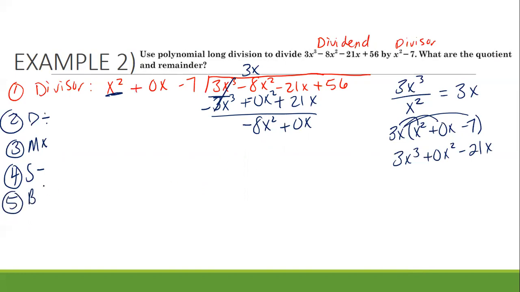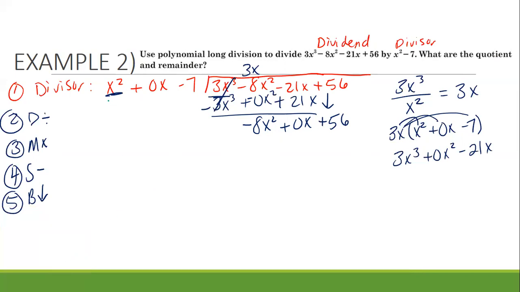Step 5 is to bring down and repeat. So I'm going to bring down plus 56. And we would repeat because the degree of our remainder is not less than the degree of our divisor.